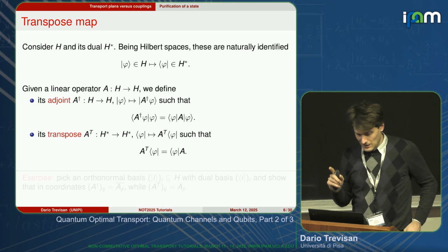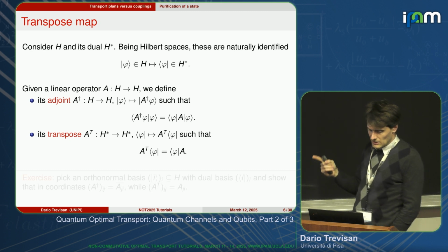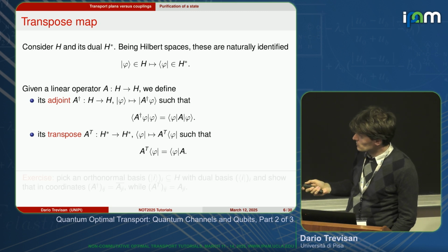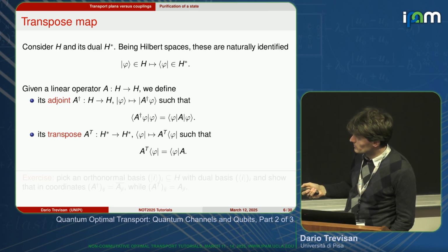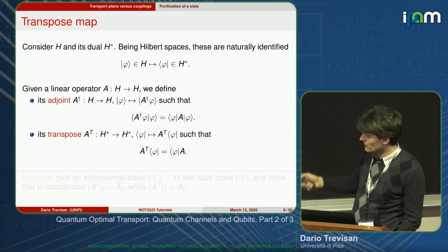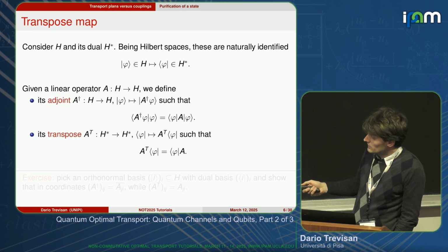Now, if you have an operator A from H to H, you can define its adjoint. The definition is this one. The adjoint is still an operator from H to H, which maps a general ket vector phi into this new ket vector A dagger phi. What is the property of the adjoint? It's adjoint with respect to the scalar product. Whenever you apply A to phi, you take the scalar product with psi.